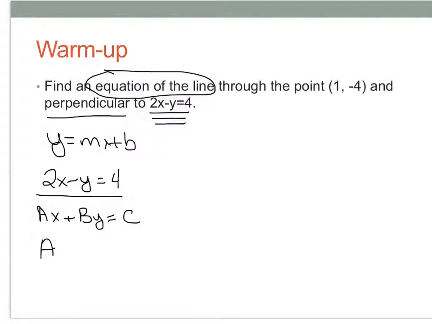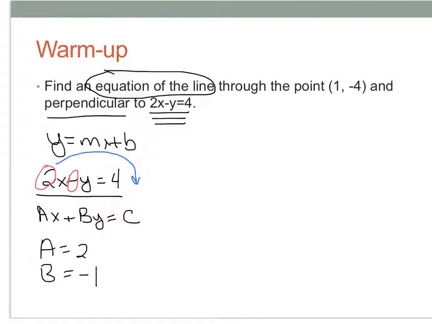So A is equal to 2 and B is equal to -1. I get that from the coefficients on the actual equation of a line. Now, if I'm thinking slope-intercept form, this 2 has to move over.